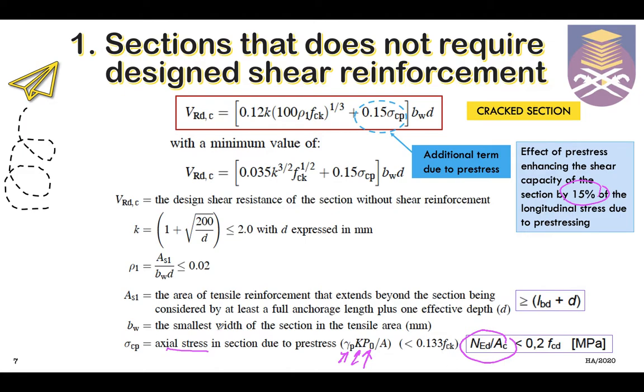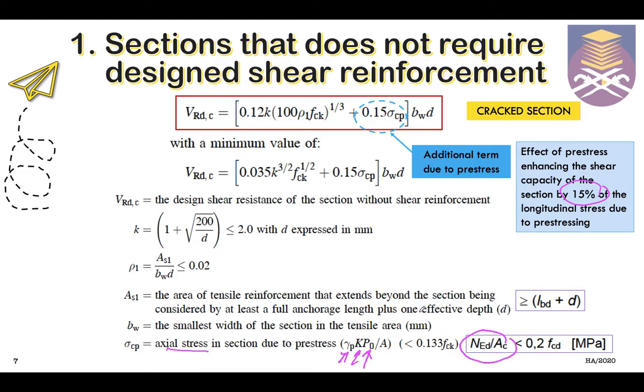So this will be the value for the σcp. You are required to calculate this first and also do a comparison with 0.133 fck. So this is the requirement, the value should not be larger than 0.133 fck.